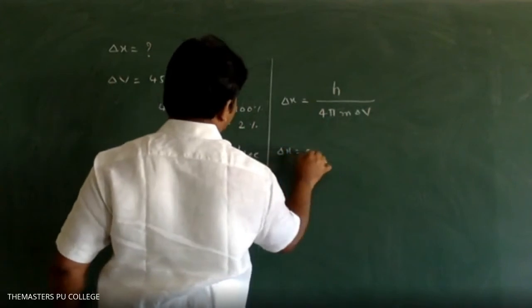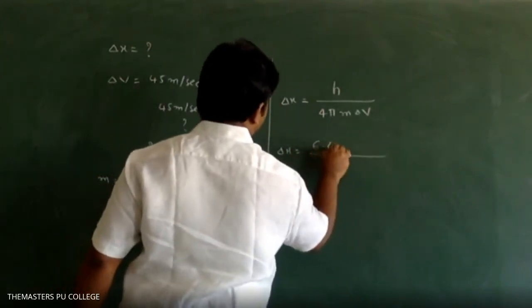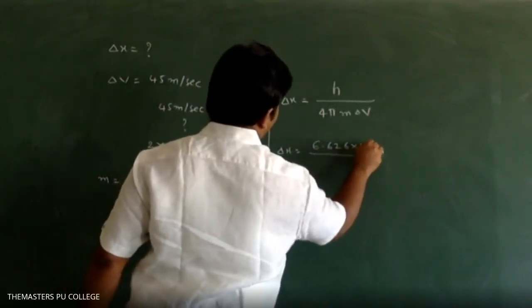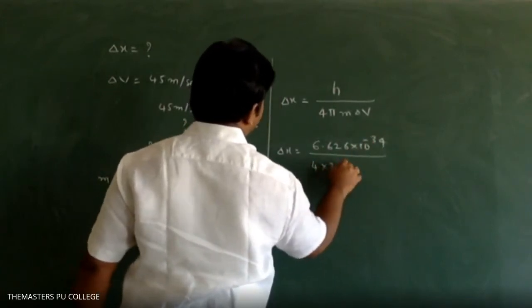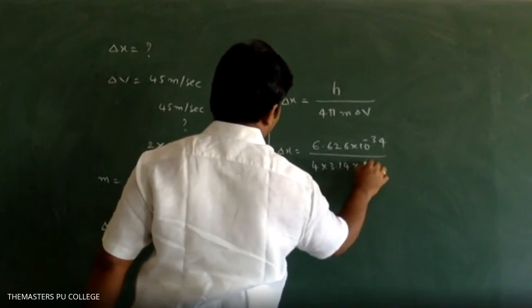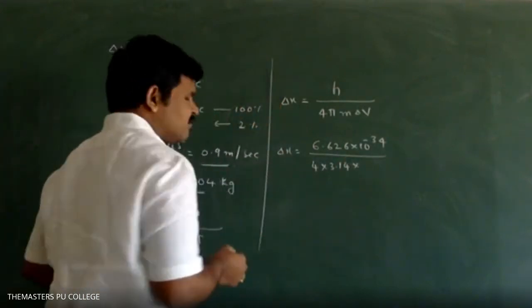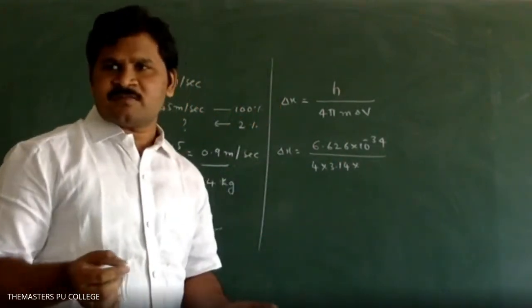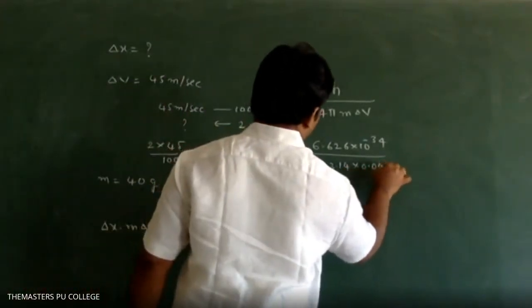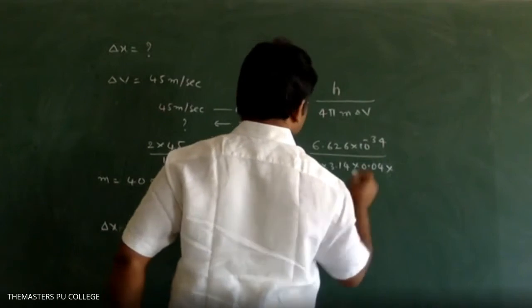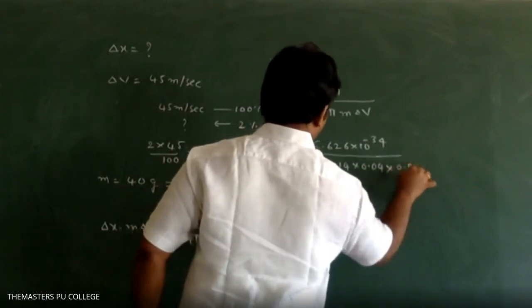Delta x is equal to 6.626 into 10 power minus 34, divided by 4 into 3.14 into 0.04 into 0.9. You will get the answer in meters.